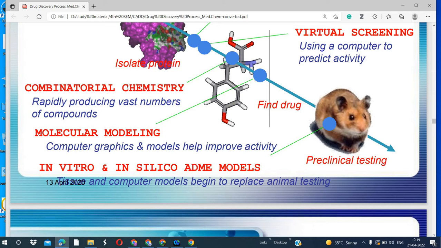So we combine different molecules, chemical molecules which can act as drugs, or we may have identified already active molecules. An active molecule combined in a different ratio can work for another disease. So this is known as combinatorial chemistry.